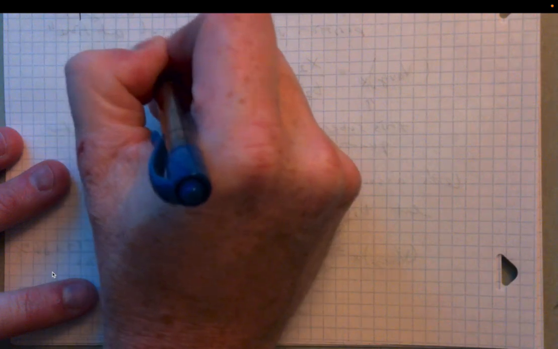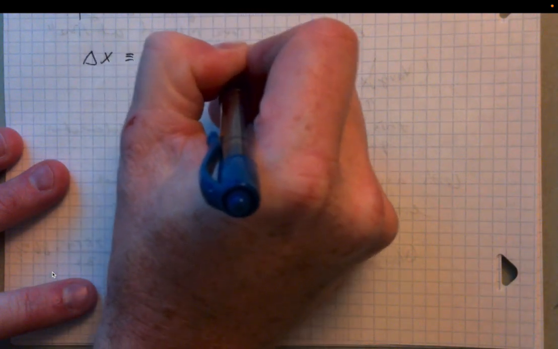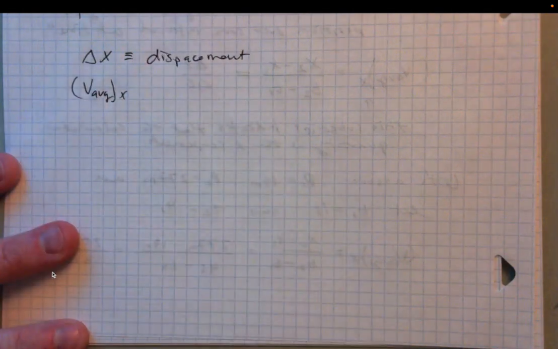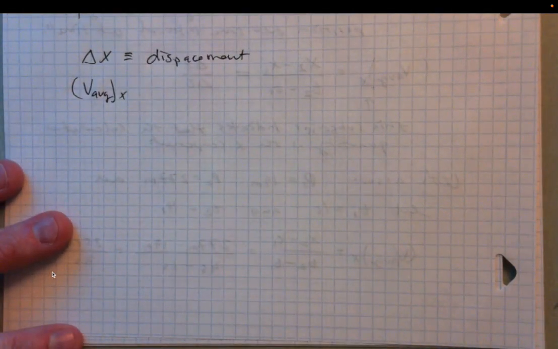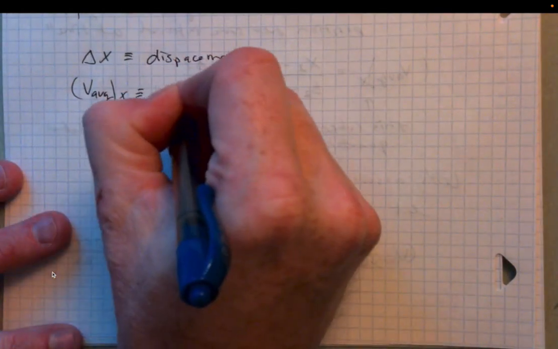All right. So with straight line motion, we'll usually call delta x the displacement. And we'll usually call v average, the average velocity over the x coordinate, the average velocity.